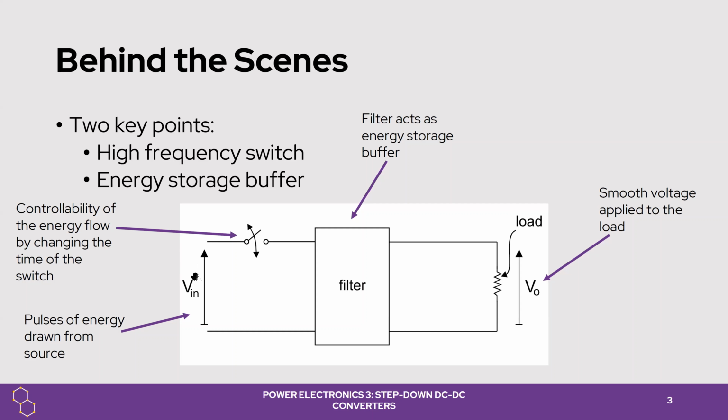We obtain the control of energy flow in the converter by changing the time of the switch. You can see the switch here. Also, the filter is used as the energy storage buffer. And VO on the right hand side is the smooth voltage applied to the load.